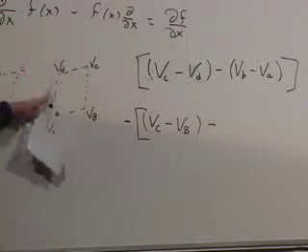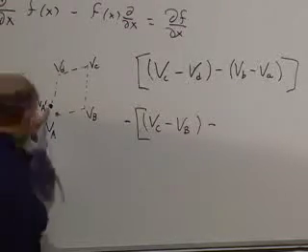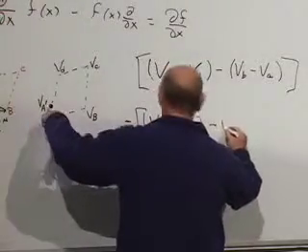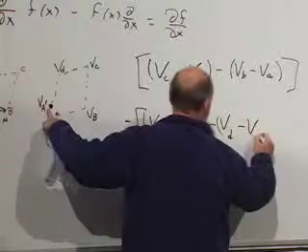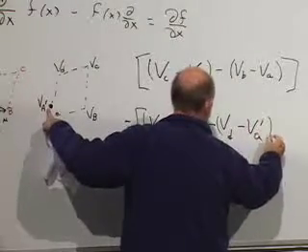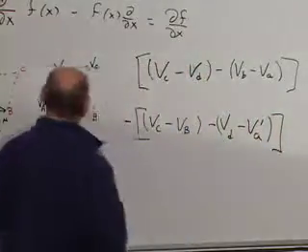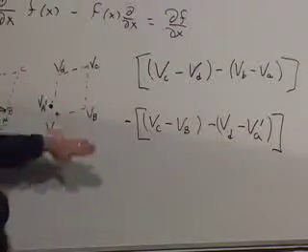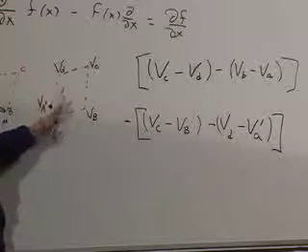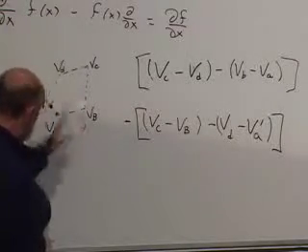Instead of coming back to here, we know we come back to VA prime, so I'm just going to subtract VD minus VA prime. That's related to two different orders that we can take differences.